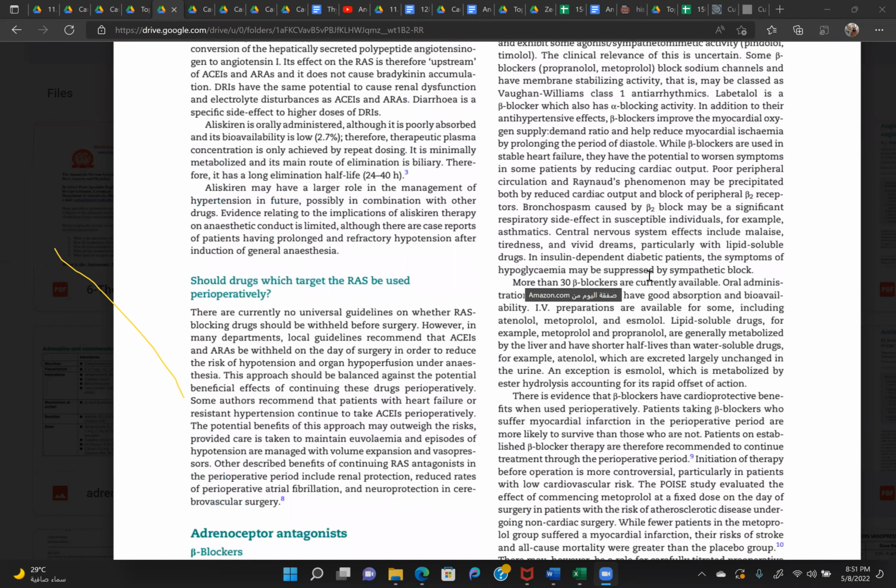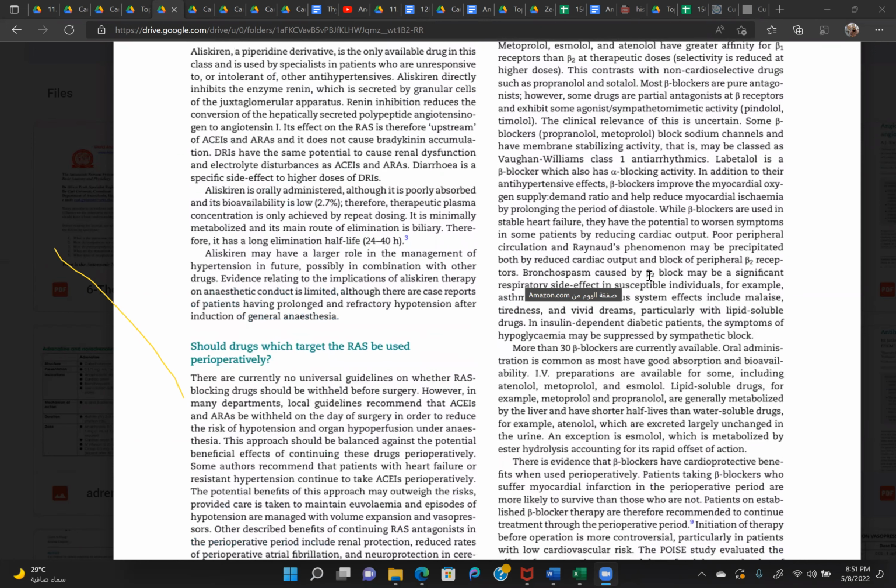Another thing is that because it is reducing the stress on the heart, beta blockers are even effective in the chronic management of heart failure.